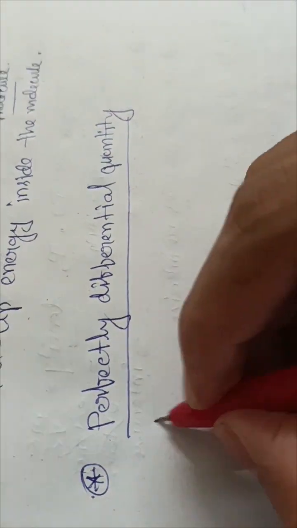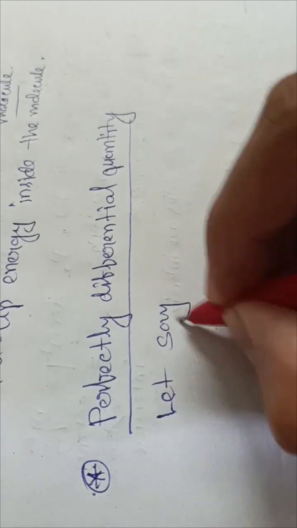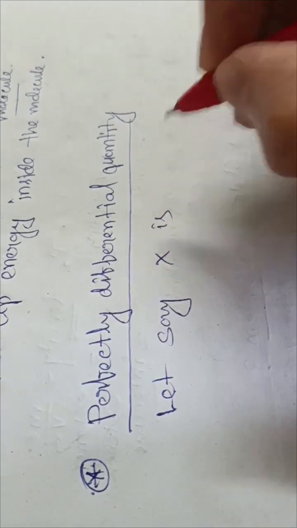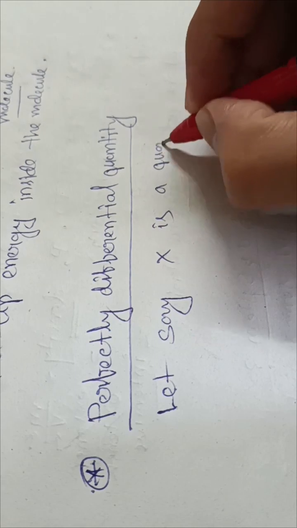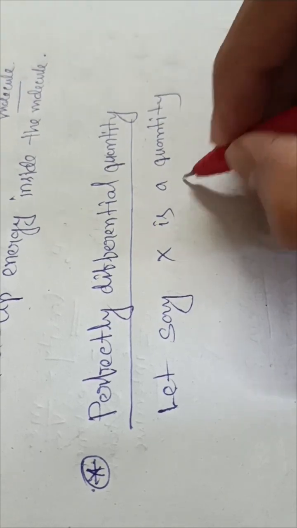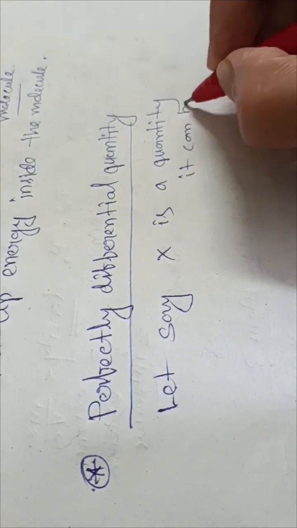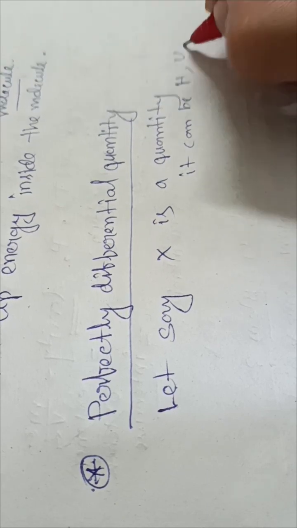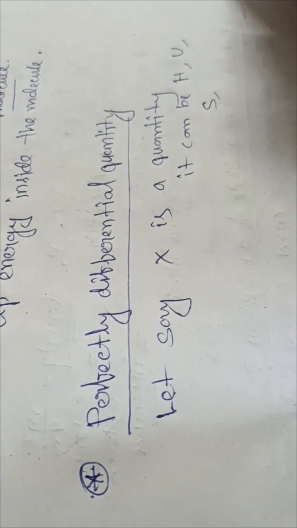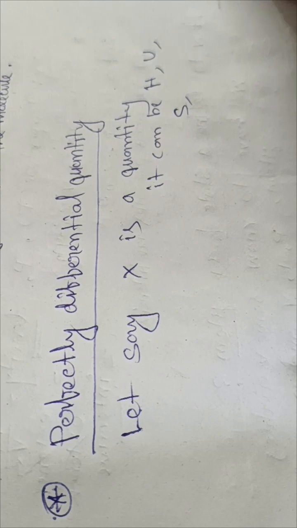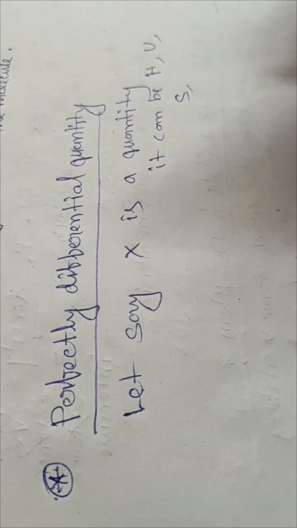What is the meaning of this? Let's say X is a quantity. It can be enthalpy, internal energy, entropy, like that. So X can be any type of quantity.